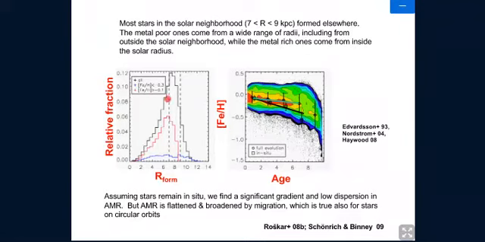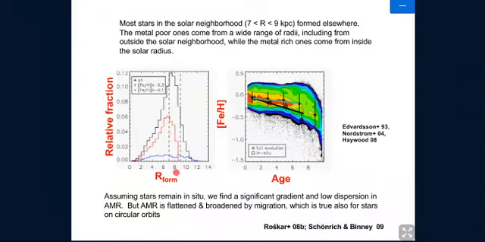If we define the solar neighborhood as between these two dashed lines, so that in the simulation, this is between 7 and 9 kiloparsecs, and then we plot the radius of formation of the stars that end up in there, what we see is that there's a large amount of stars that end up in the solar neighborhood but did not form there. And the fraction of those stars that formed elsewhere is larger for the metal-rich stars, the stars shown by this red histogram. Most of the metal-rich stars in the solar neighborhood formed outside the solar neighborhood. It's only a small percentage of them that formed there.